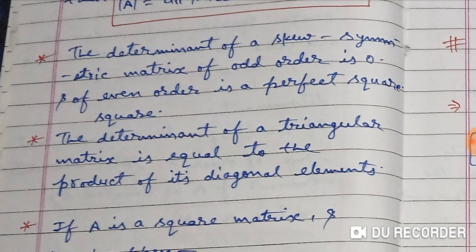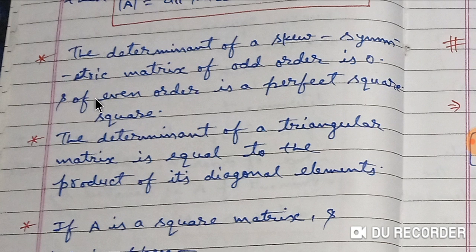It will be 1, 3, 5, 7, 9, any odd number. In this case, the determinant of this type of matrix will be equal to 0. This is a property, so you have to just remember this.